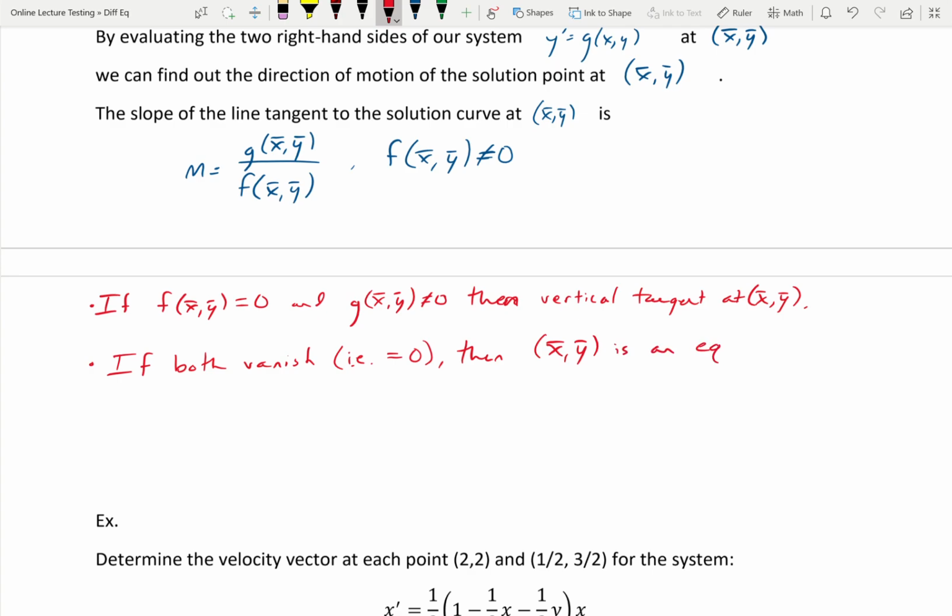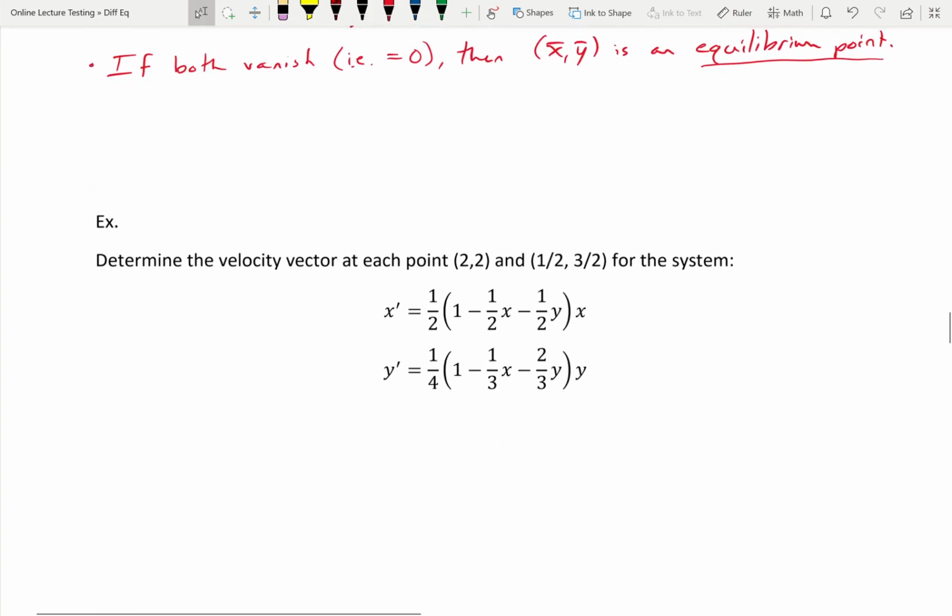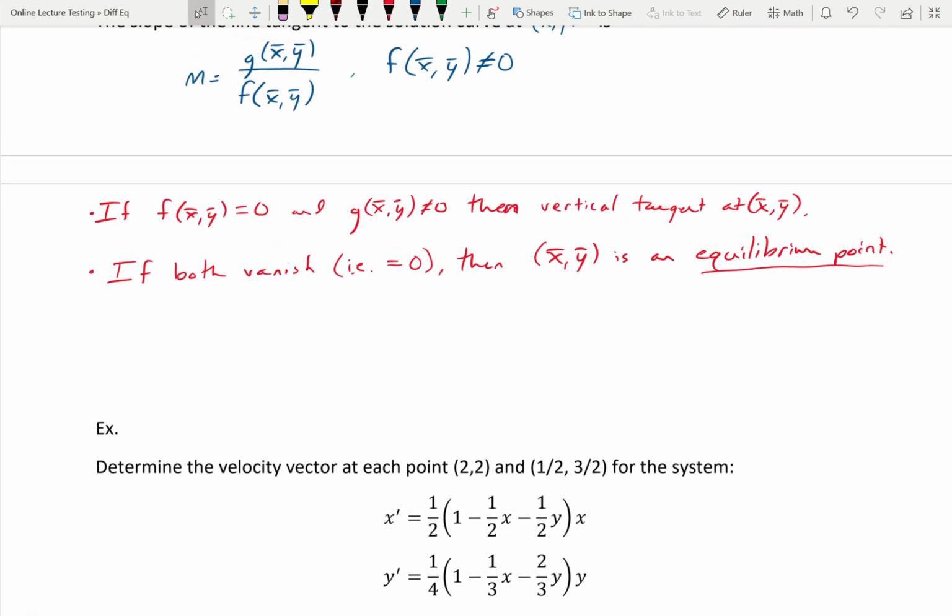So now we're tying that back in. That should make sense. If that causes both to go to 0, then obviously we're dealing with an equilibrium point, because the idea of an equilibrium point is to make the whole system equal 0.